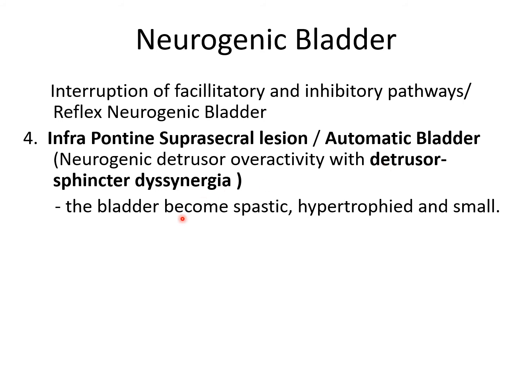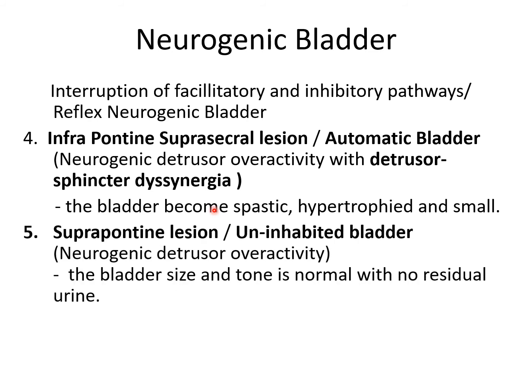See, it occurs in infrapontine suprasacral lesion, which is also called automatic bladder. Now the last category, which is again suprasacral, but here the suprapontine lesion. The lesion is inhibiting the cortical inhibition, and that's why it is called uninhibited bladder.